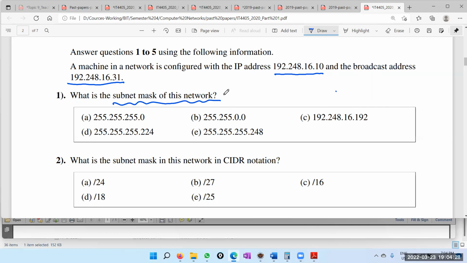So here what you have to figure out is which portion is not changed. Now clearly you can see that up to this point, it is not changed. So that means whatever is happening is in the 4th octet. Therefore, the first thing you have to do is convert this into binary. So that is the starting point.